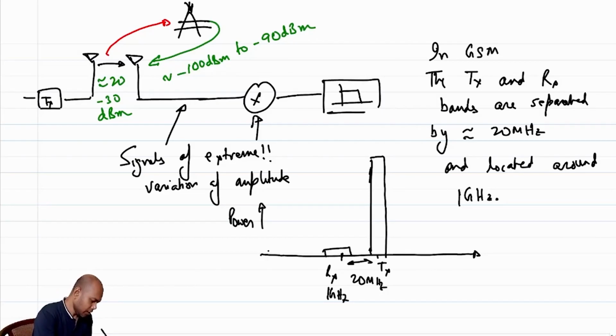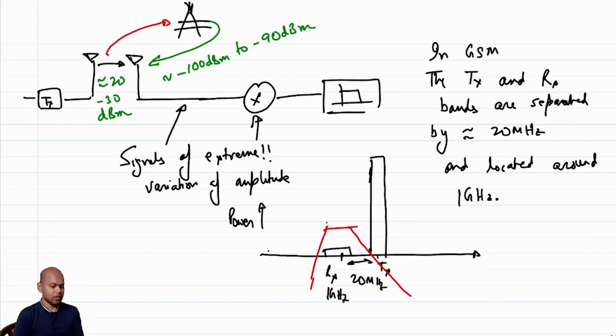In order to ensure that this TX signal does not come and saturate out your receiver, you must have a band pass filter around the RX band, so that it knocks off the TX as much as possible, right?